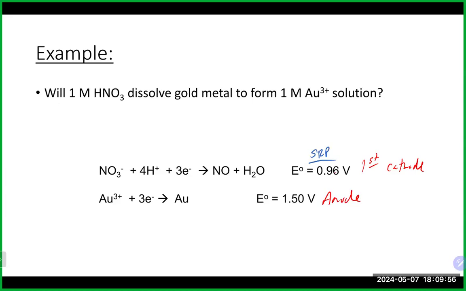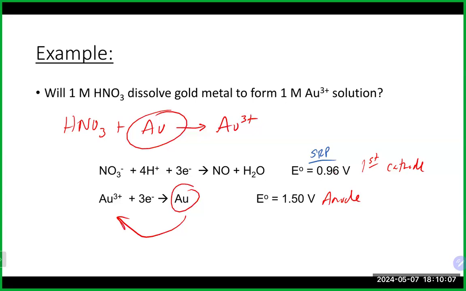But the question asks, will nitric acid dissolve gold metal to form gold 3? That means gold metal by itself needs to be on that side. So that is actually the one that needs to be flipped in this case. Because they told you how this reaction is going to take place, that would make this one my anode and this one my cathode.